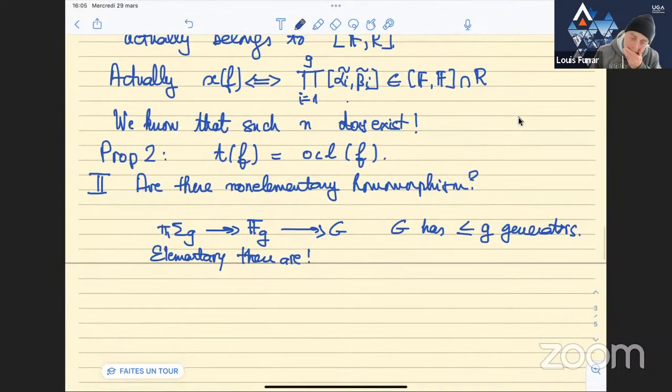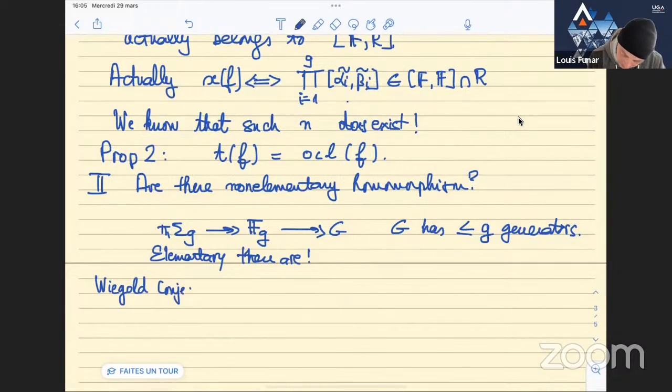And what is known, how many? It depends, of course, on the group G, because I'd like to know how many there are and how this equivalence relation is working. The thing which motivated me a lot is the Wiegold conjecture.